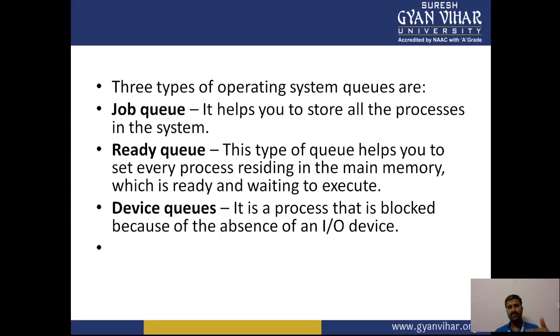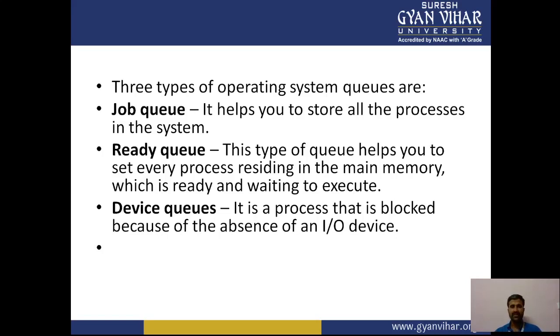Basically, the main objective of process scheduling in multi-programming is to have some process running at all times to maximize CPU utilization. Another objective, time sharing, is to switch the CPU among the processes frequently so that users can interact with each program while it is running. To meet the objective, the process scheduler selects an available process from a set of several available processes for program execution.